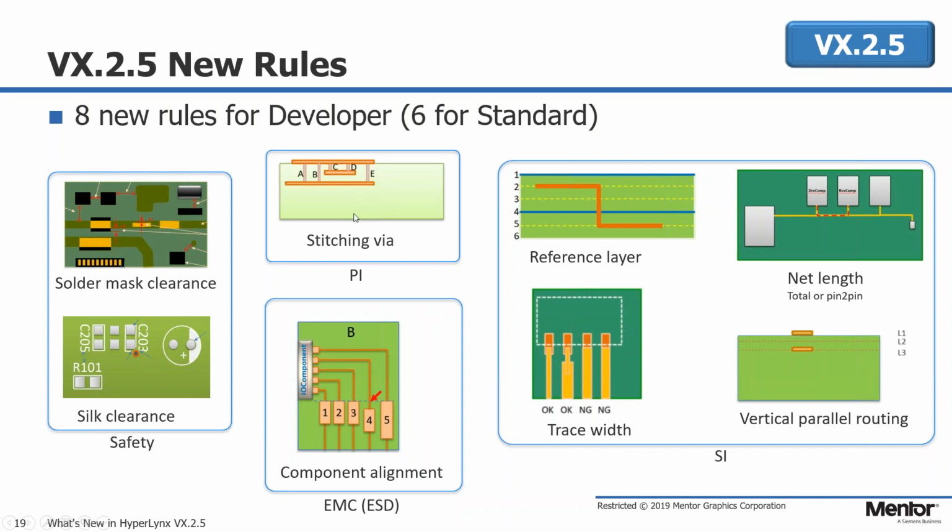There's some stitching via checks that are put into place, and then for EMC, we've got component alignment there, and then for SI, reference layer checks, net lengths, and vertical parallel routing and trace routes. Anyway, so always advancing in that space and adding new rules.